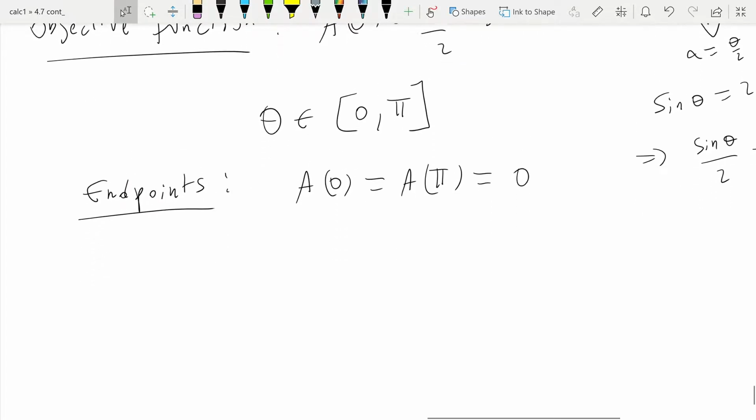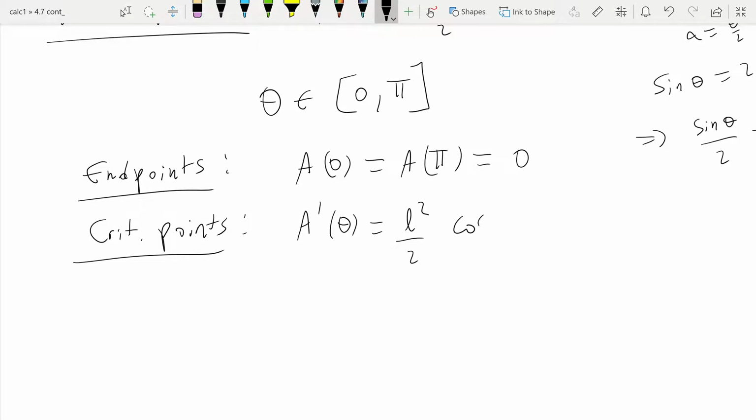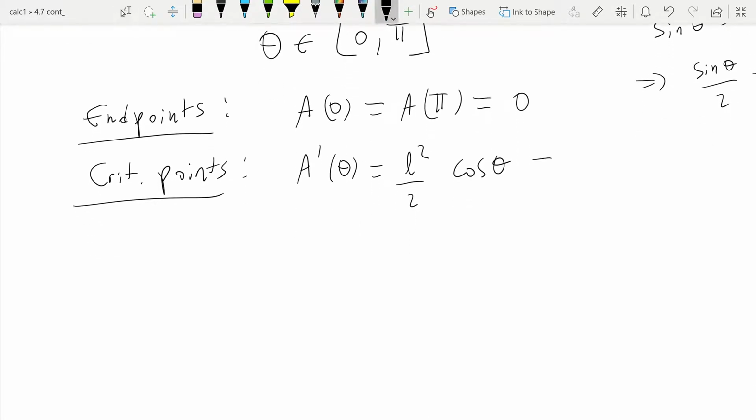Now we look for critical points, and A prime of theta is equal to L squared over 2 times cosine theta. And if we set this equal to 0, then that implies that theta is equal to pi over 2.